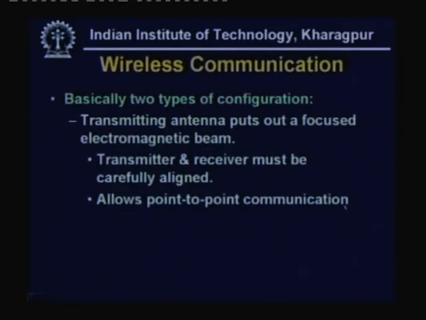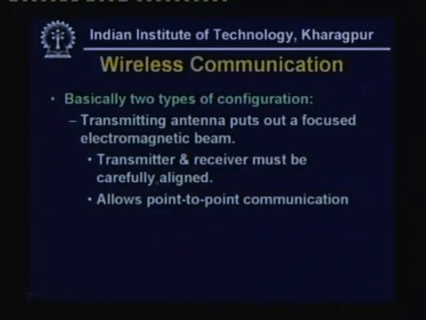Basically, there are two types of wireless communication. One is called point-to-point communication. In this case, the transmitting antenna puts out a focused electromagnetic beam in a particular direction.